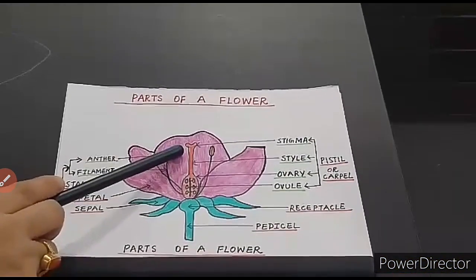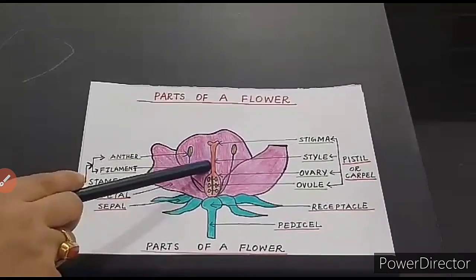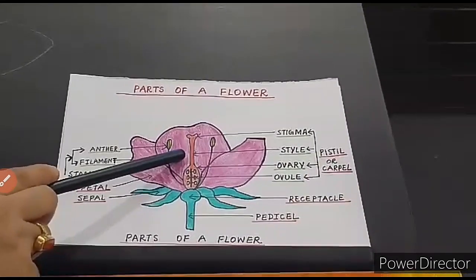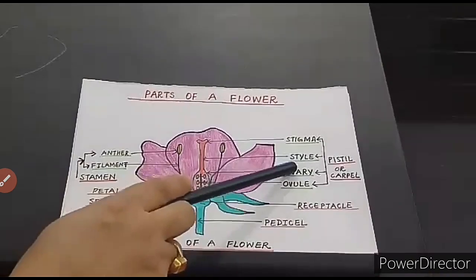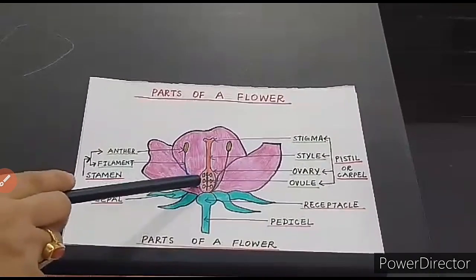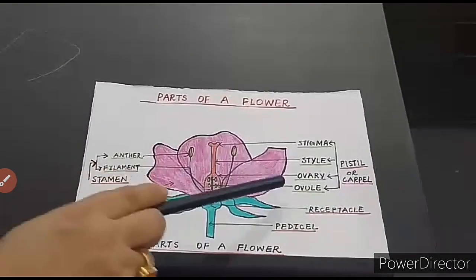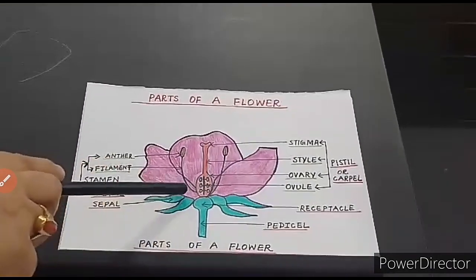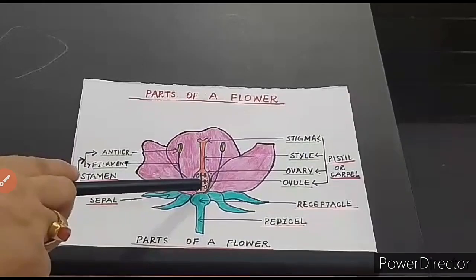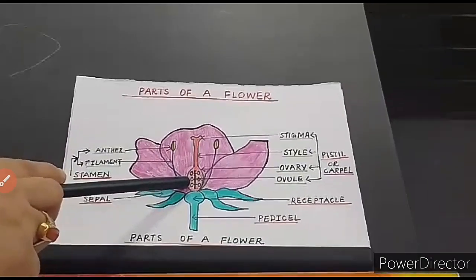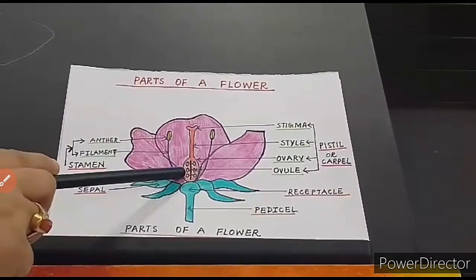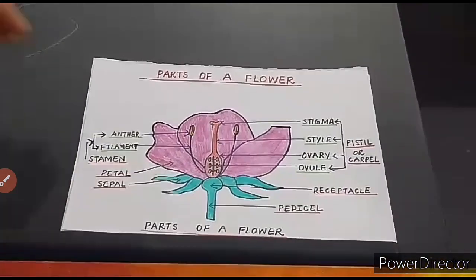The middle tube-like structure is called the style, and the base is also swollen. It is called the ovary. Inside the ovary, ovule is present.